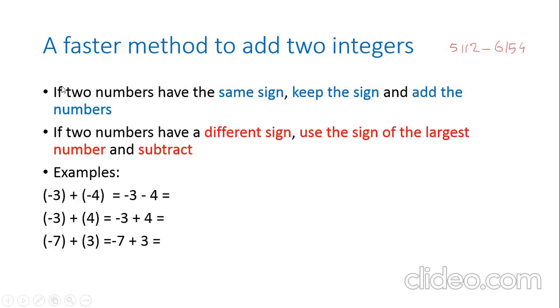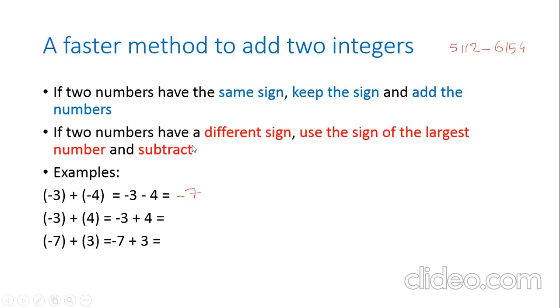So in this case, without using the number line, if we have 2 numbers with the same sign, we keep the sign and we add the numbers. For example, here we have -3 plus -4. They are both negative. In this case, in order to sum those 2 numbers, we keep the sign, which is minus, and we simply add 3 to 4, so we get -7.